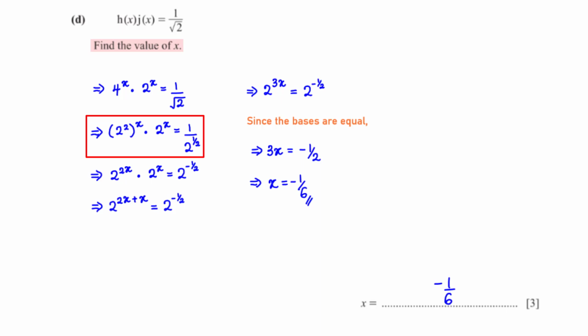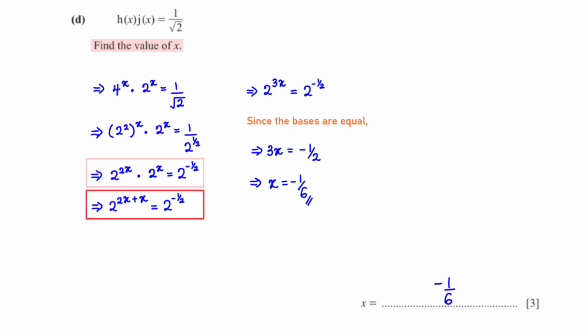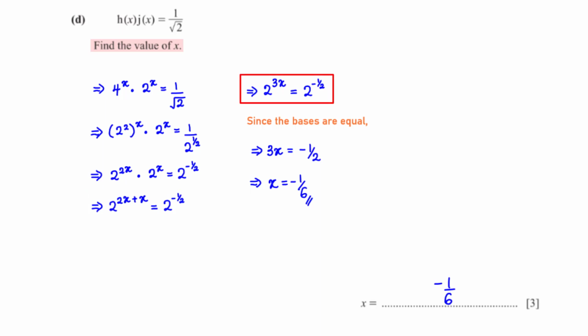2 squared all raised to the power x becomes 2 raised to the power 2x. 1 over 2 raised to the power 1 over 2 can be written as 2 raised to the power negative 1 over 2. 2 raised to the power 2x times 2 raised to the power x becomes 2 raised to the power 2x plus x. 2x plus x is 3x.